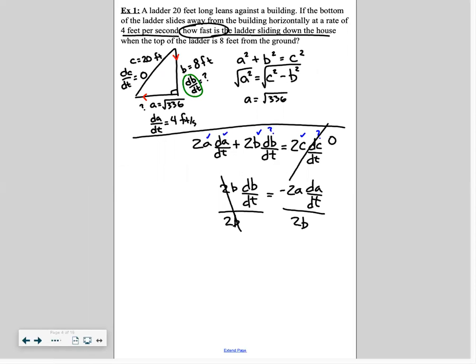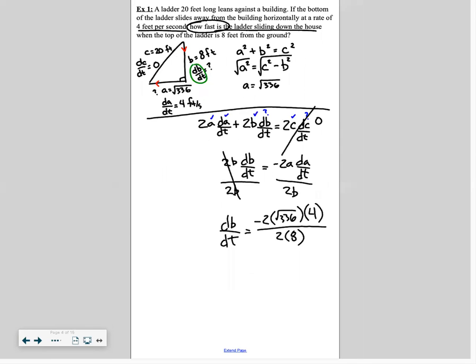When I plug everything in, dB dt is equal to, what do we have here? Negative 2, what is a? Square root of 336. dA dt is 4, all over 2 times 8.